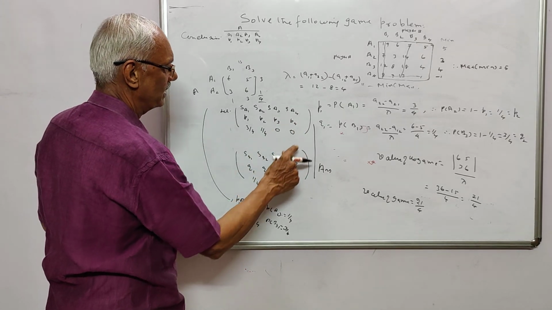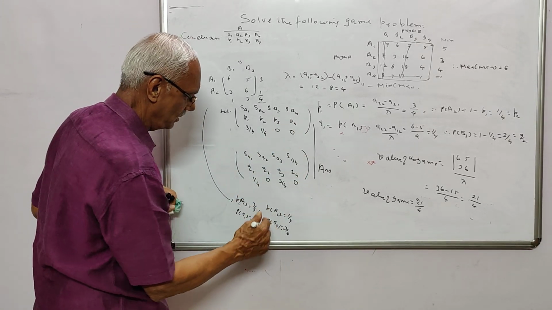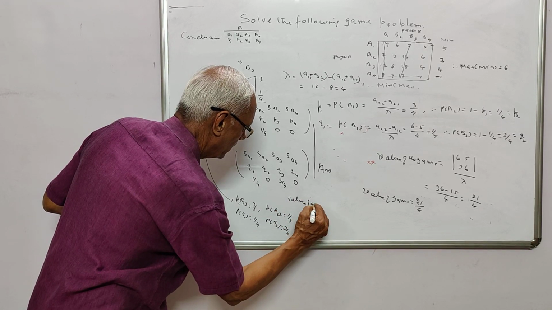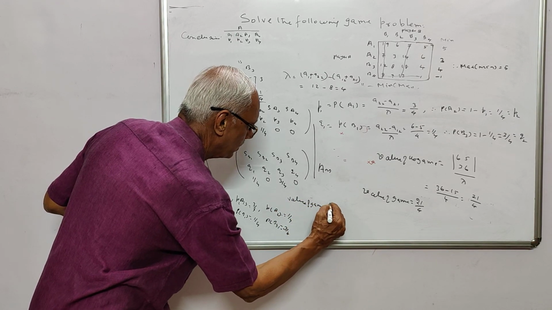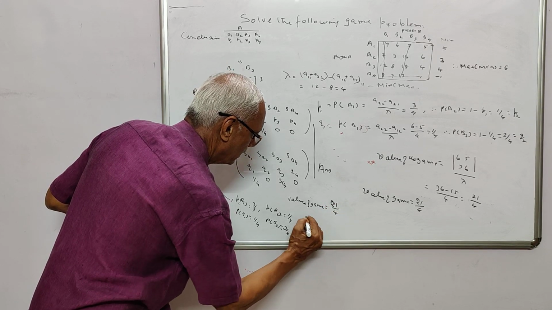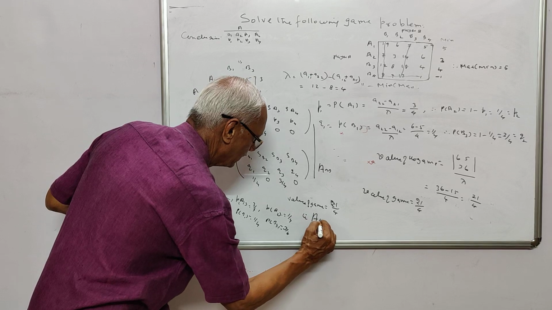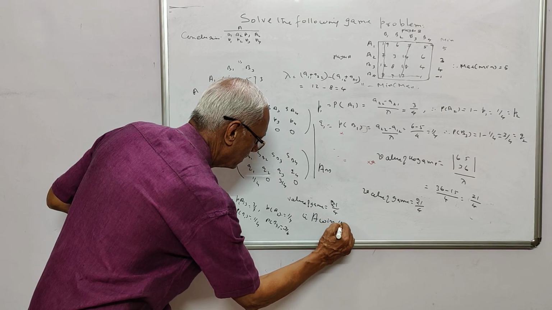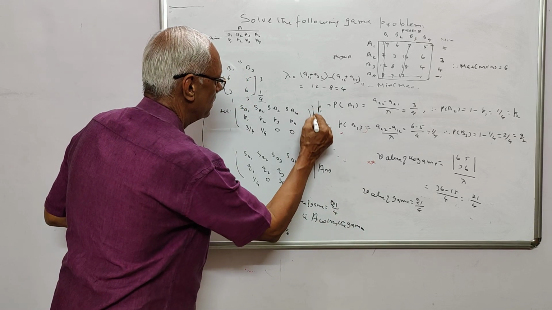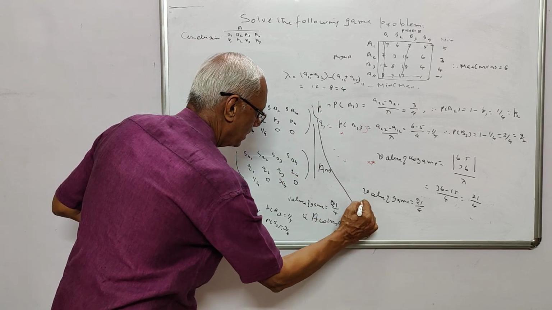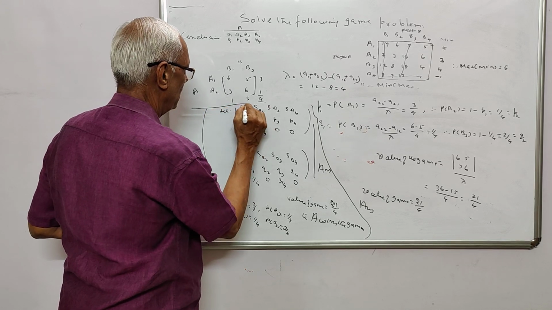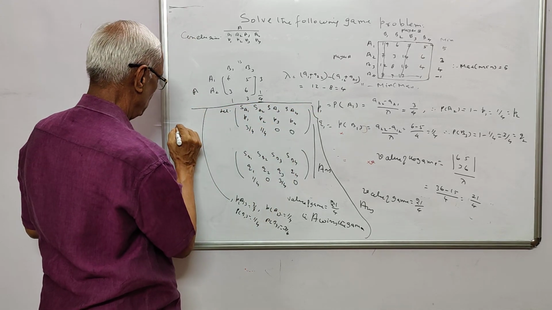So this itself forms the answer. And you write value of game is equal to 21 by 4. That is, A wins. So this is the conclusion.